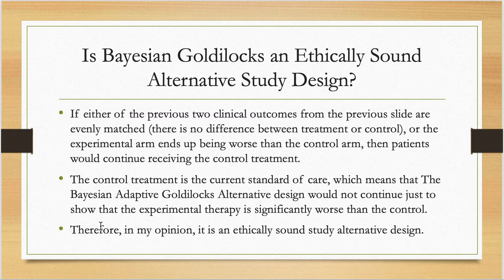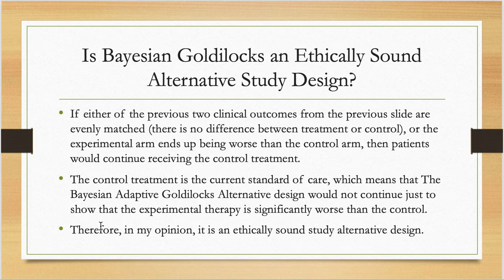So if either of the previous two clinical outcomes from the previous slide are evenly matched, in other words, there is no difference between treatment or control, or the experimental arm ends up being worse than the control arm, then patients would just continue receiving the control treatment.